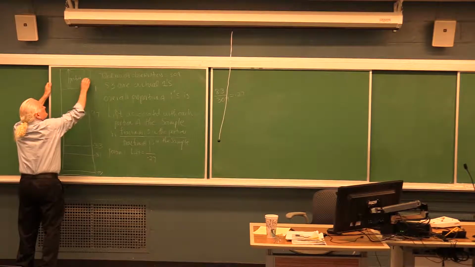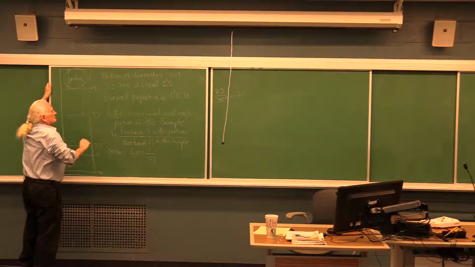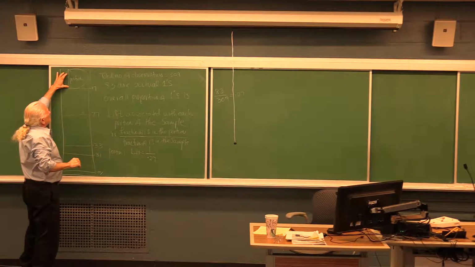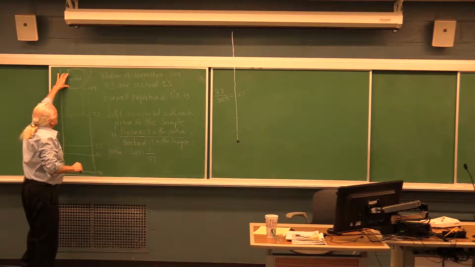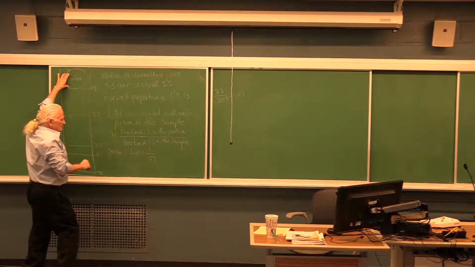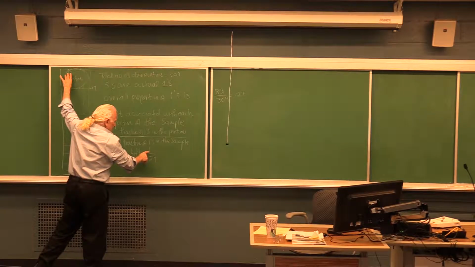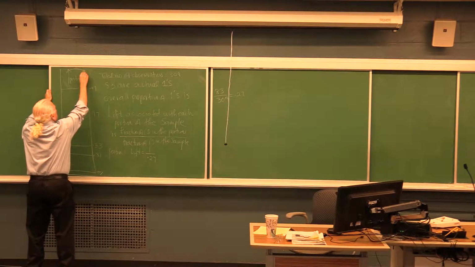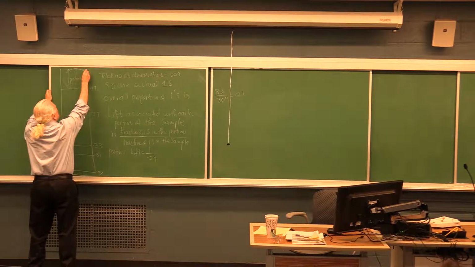Here, you look at the portion of ones, and that was 1 over 0.27. Then you look at this group right here.